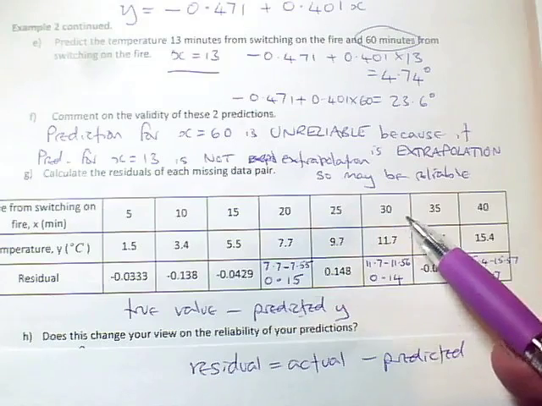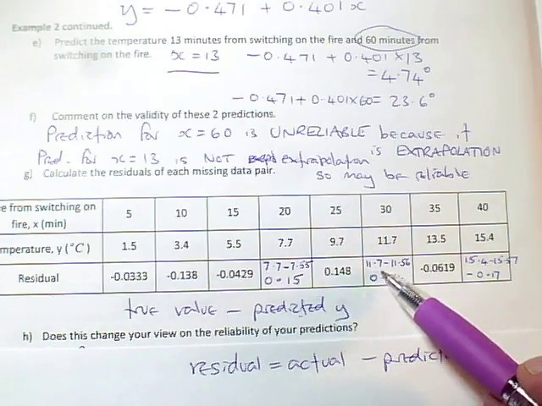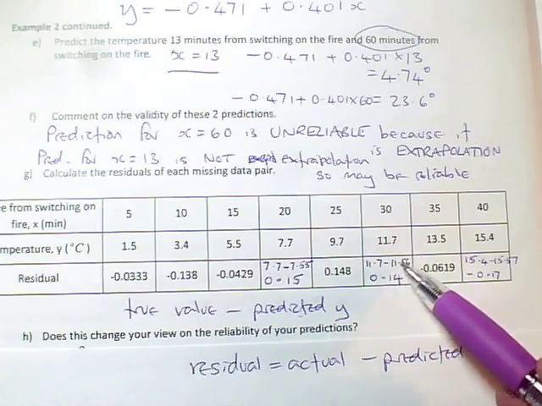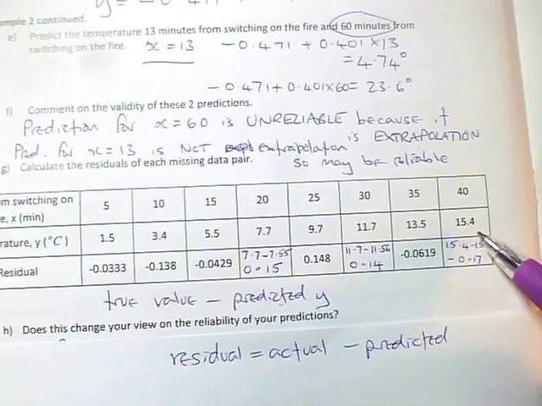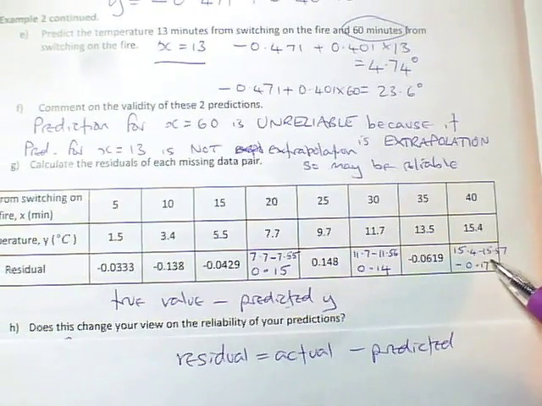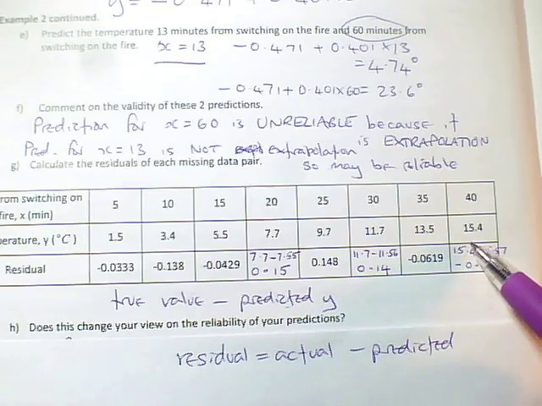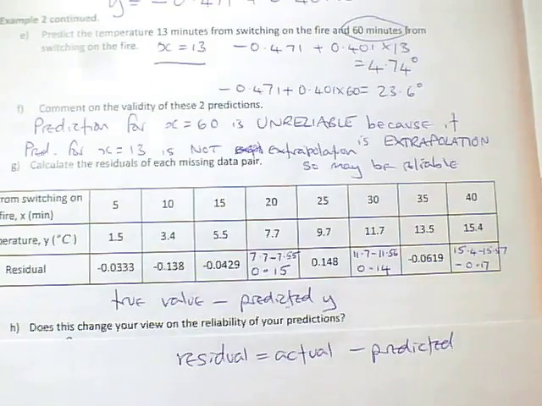I put that into the formula and I got 11.56, and 11.7, the observed value, is greater than that, so again I get a positive residual. And then for 40, when I put 40 into the regression equation, it turns out you actually get 15.57, which is greater than the 15.4, so now the observed value is less than the predicted value, so I get a negative residual of 0.17. So that's how we calculate residuals.